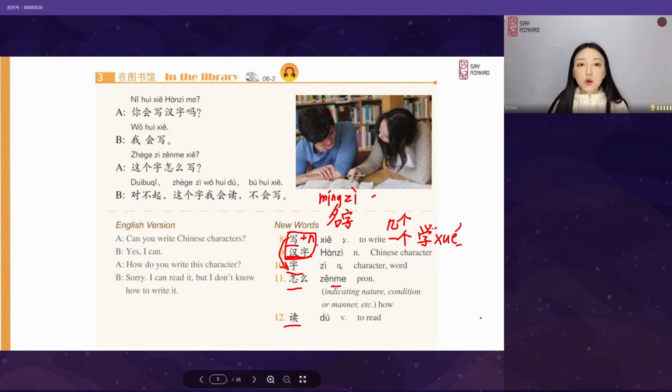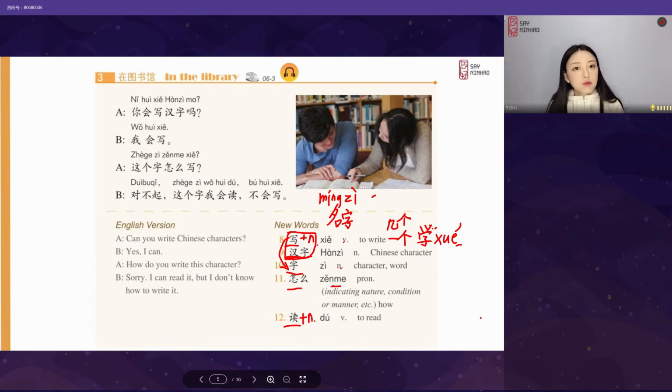The last new word is 读, which means to read. Read after me: 读. So read Chinese characters is 读汉字. Anything you want to read, you just put after 读. 读 plus a noun means read something.